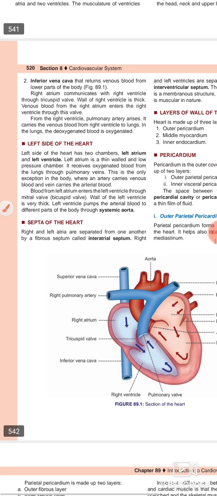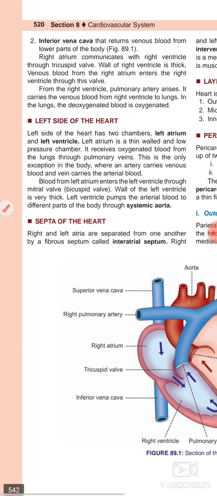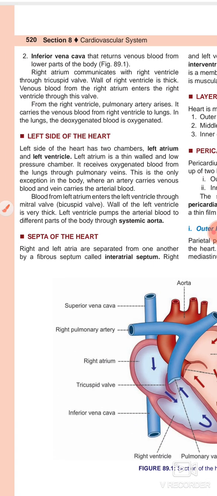Now we are going to discuss the left side of your heart. As we explained the right side of the heart, we can explain the left side of your heart. The left side of your heart is again composed of two chambers, which are called the left atrium and left ventricle. The left atrium, as you know, is thin walled and has low pressure.